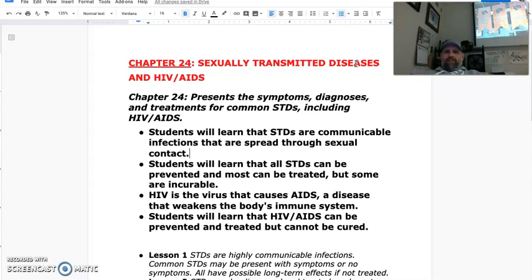A couple things that you're going to learn throughout the course here. Just learn that STDs are considered communicable infections. They're spread through sexual contact. You're also going to learn that all STDs can be prevented and most can be treated, but some are incurable.